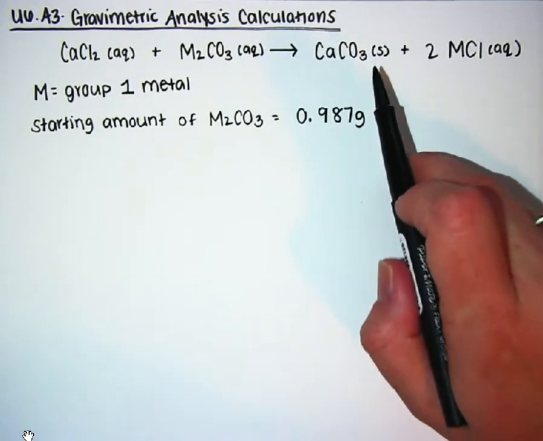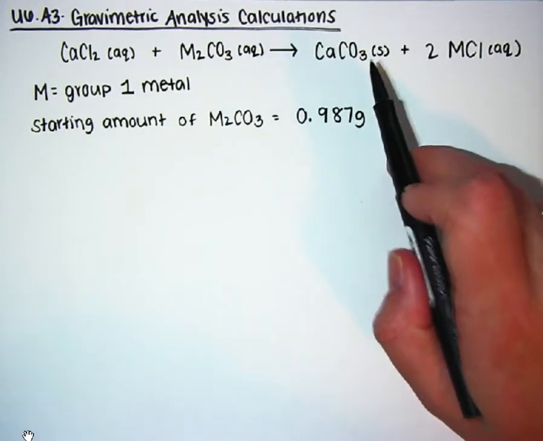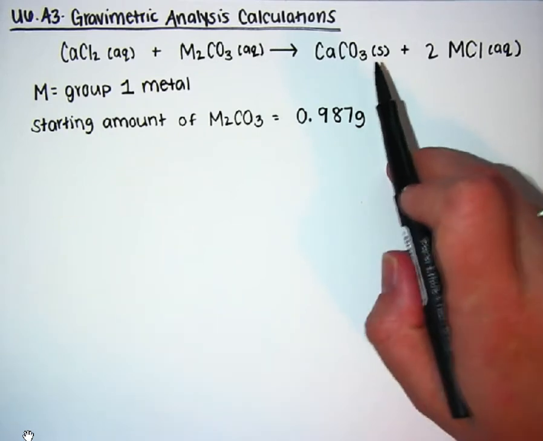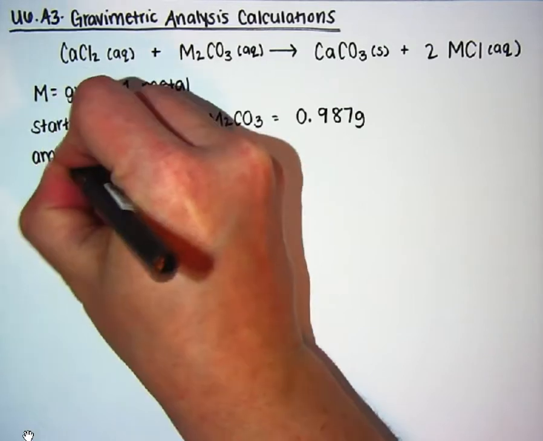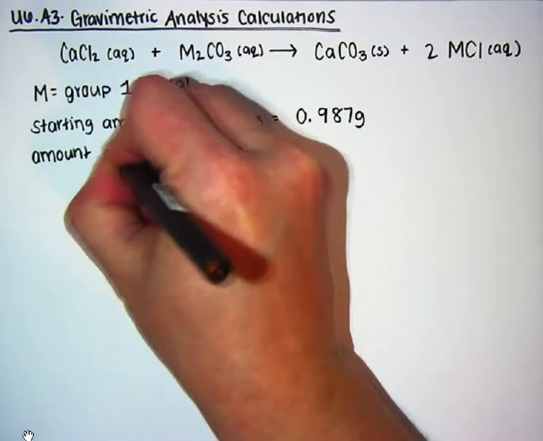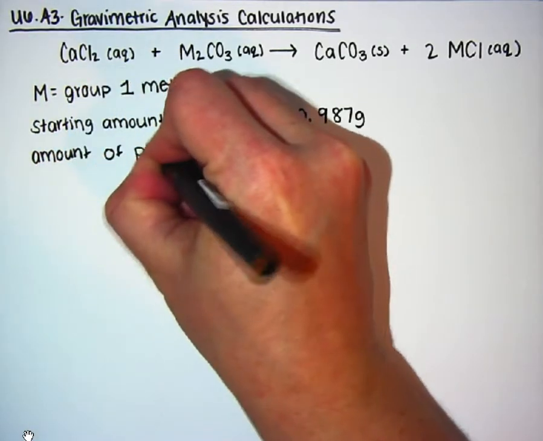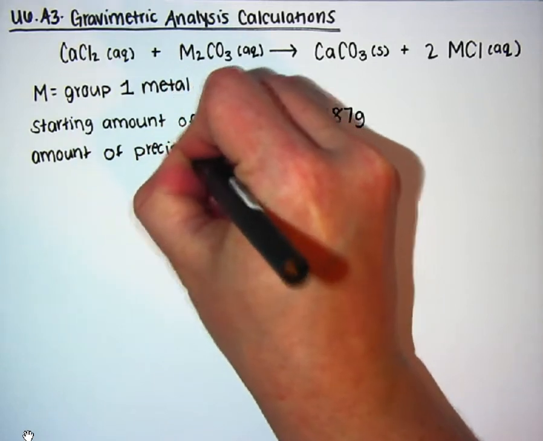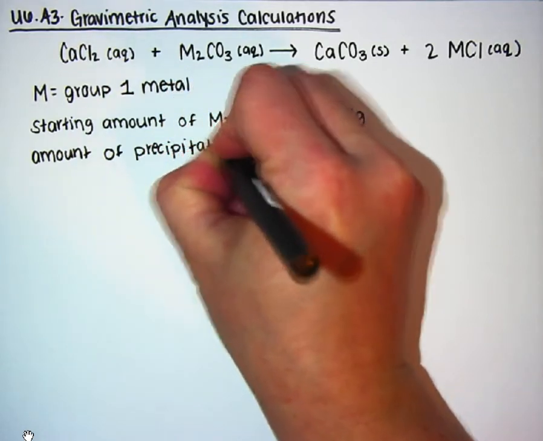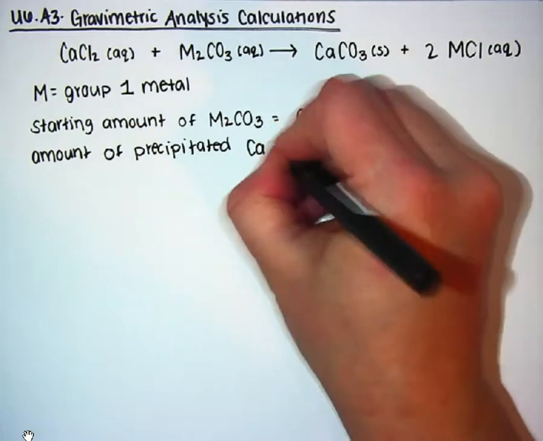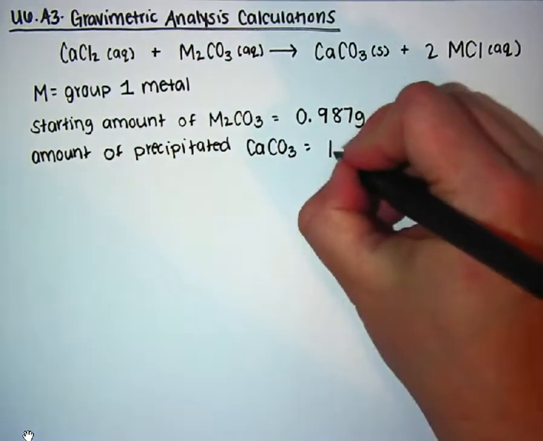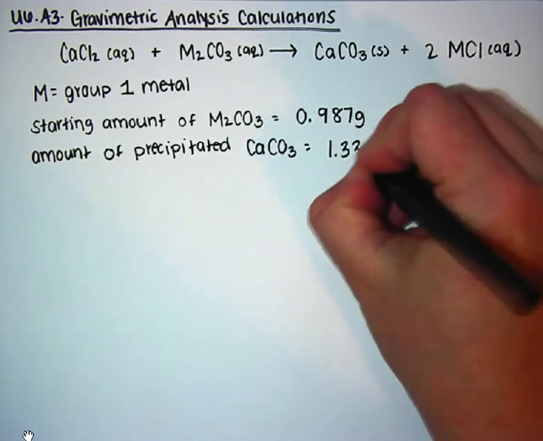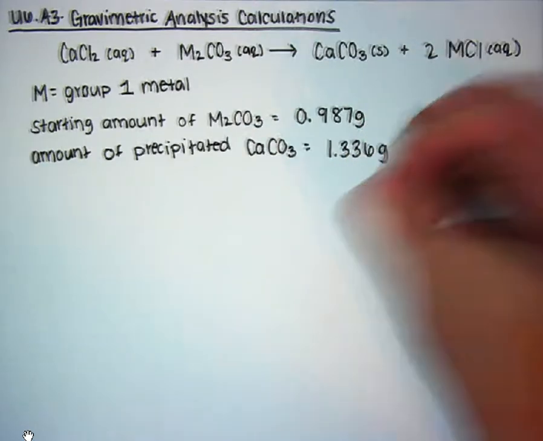We're going to do a process called vacuum filtration, and we are going to isolate out the solid, and then we can record that mass as well. And let's say the mass of our solid product was 1.336 grams.